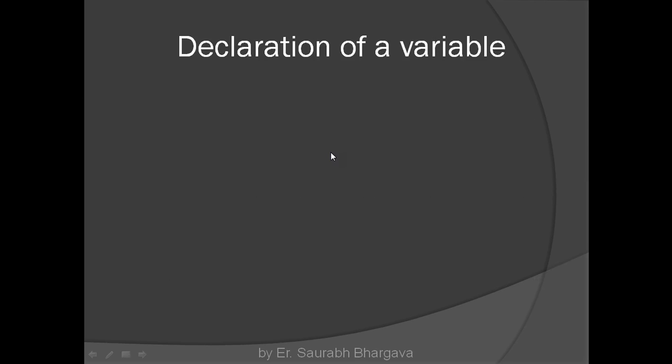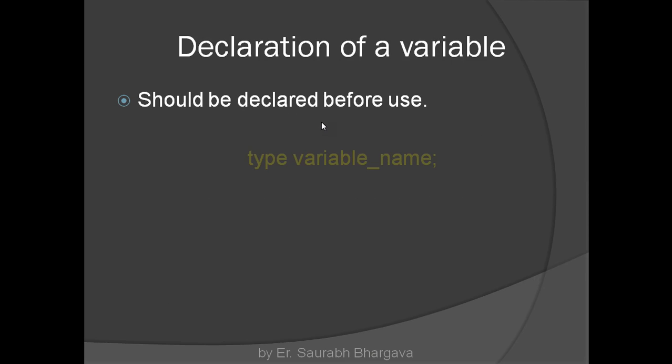Declaration of a variable. It should be declared before use, otherwise it will give some errors or warnings. How to declare a variable? We have to write the data type, then the variable name, terminated by a semicolon because this is a statement.